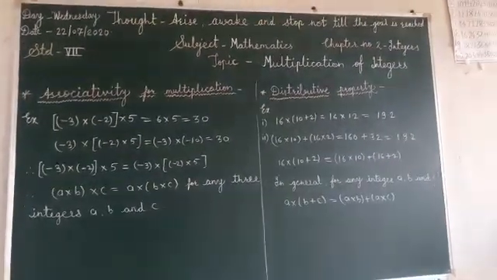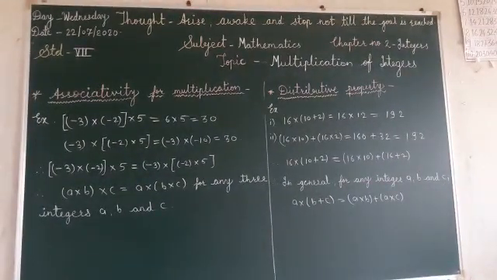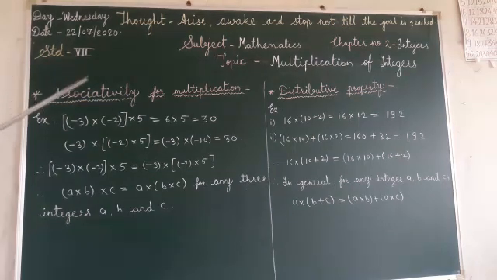Now, we see the next property, associativity for multiplication. For the associative property, we take 3 numbers. For integers, take 3 integers: minus 3, minus 2 and 5.